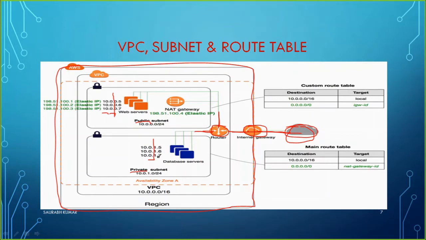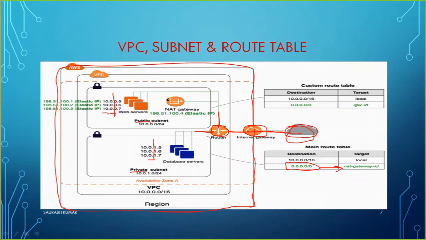But if any other IP address comes, starting with 12, 15, 3, 20, 100, 200, all those other IP addresses, the route is defined that any other IP address with any subnet mask will be routed to the NAT gateway ID.